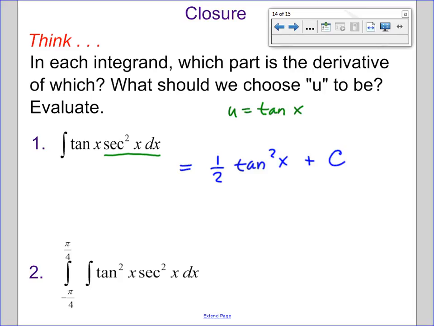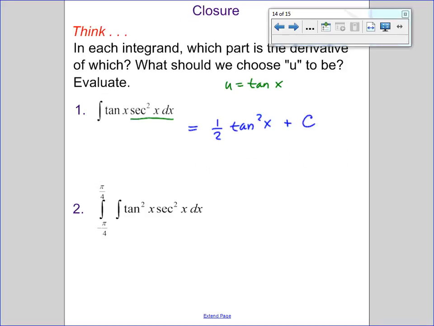If I get secant squared over 2, how in the world can that be the same as tangent squared over 2? Well, 1 plus tangent squared is secant squared, and here's my 1 plus. So that constant could be the 1 plus tangent squared, and there it is. That's pretty interesting. Cool.